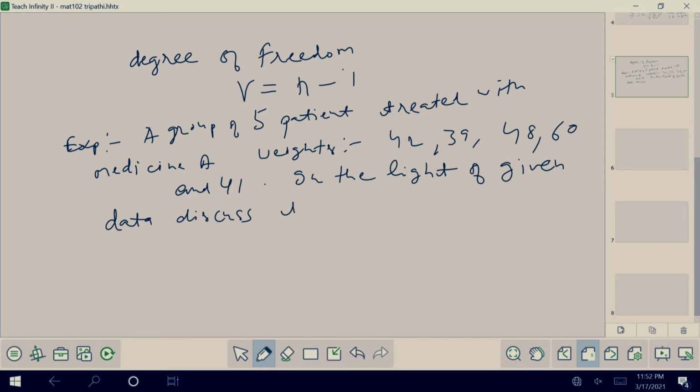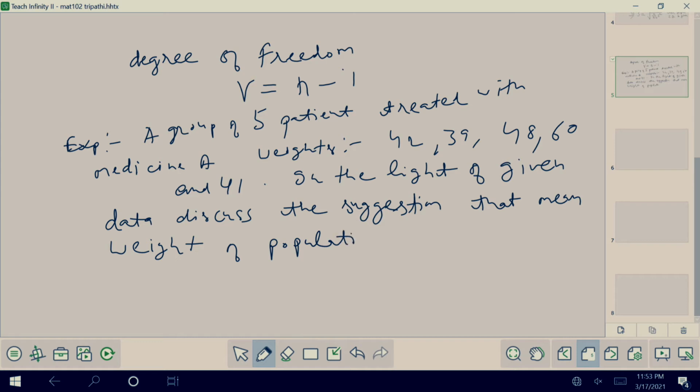the suggestion that mean weight of population is 48 kg.